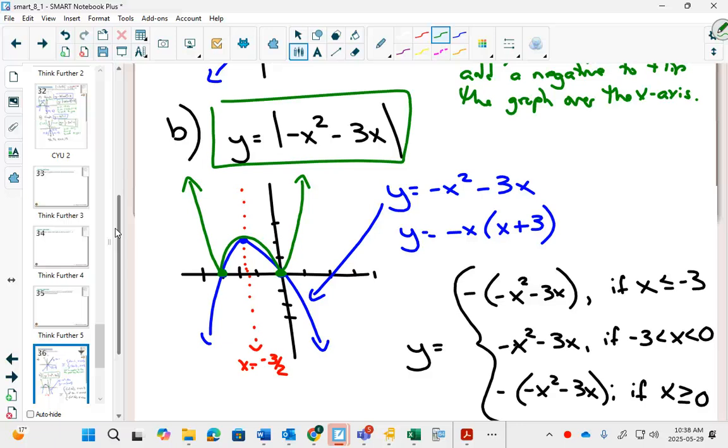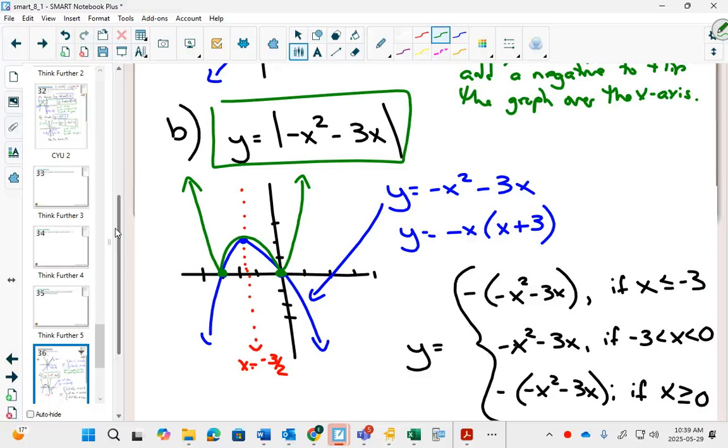I kind of like working from left to right, so I wrote it in 3 pieces because of that. If you wanted to combine the x less than or equal to negative 3 and the x bigger than or equal to 0 together, you could. But if we wanted to write this as actual equations without the absolute value, we'd have to break it up into pieces.